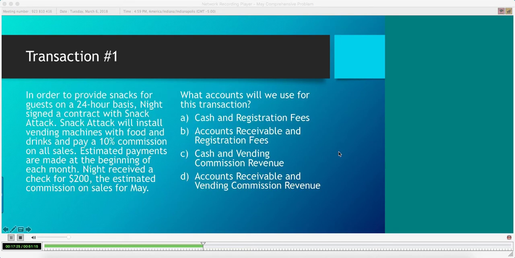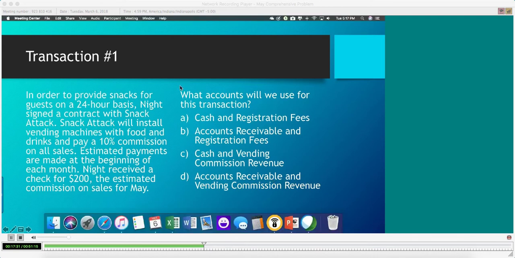The first one is: in order to provide snacks for guests on a 24-hour basis, Knight signed a contract with Snack Attack. Snack Attack will install vending machines with food and drinks and pay a 10% commission on all sales.